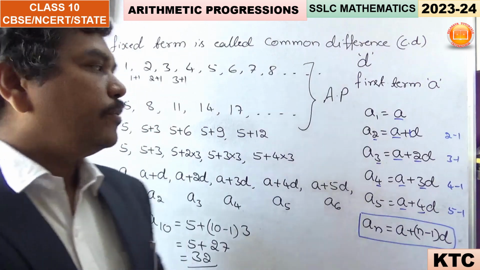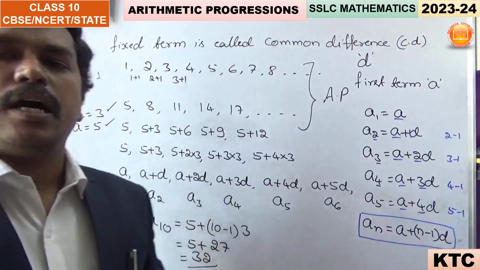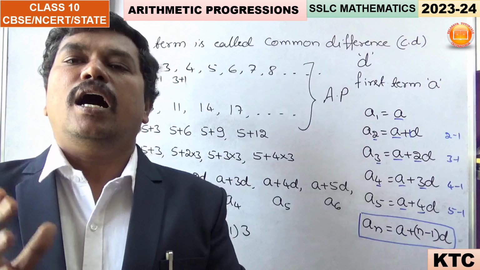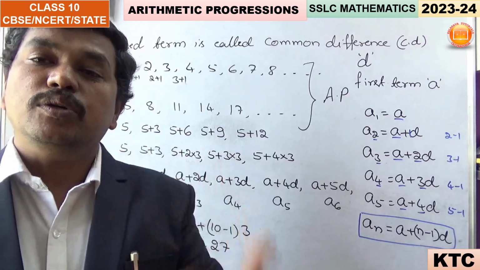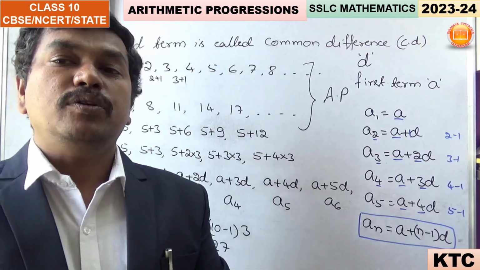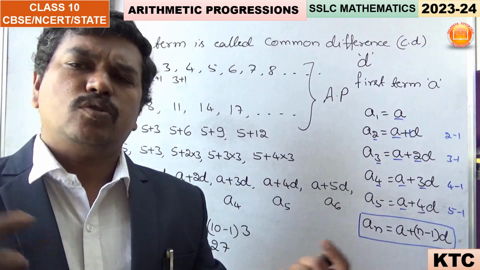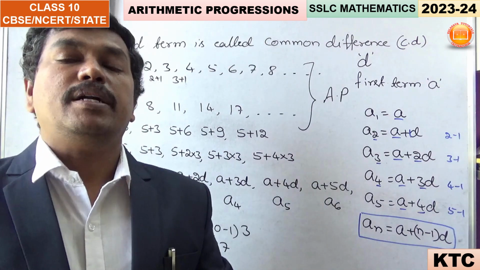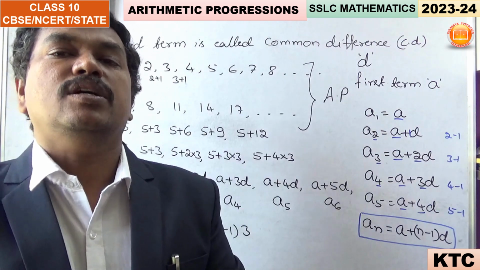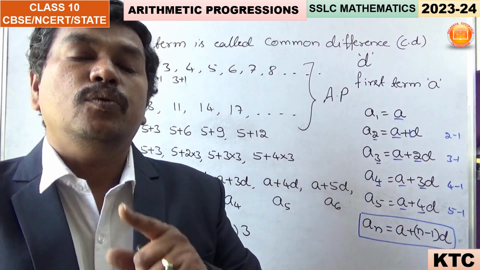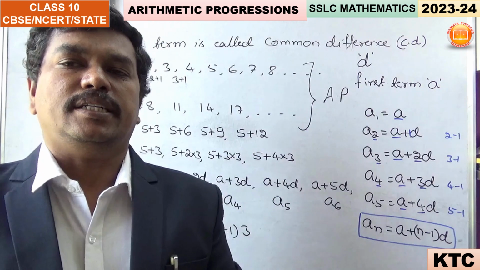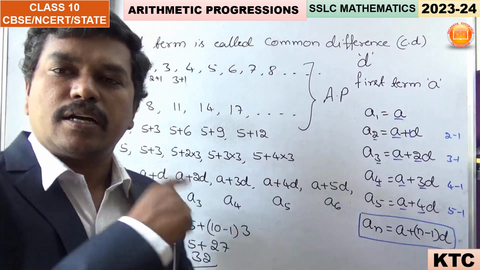So in this way, we have to know what is the arithmetic progression, and when we have to name a series of numbers as an arithmetic progression. There are so many series of numbers, but in that series of numbers, we have to understand which is the arithmetic progression. So I have to give the definition lastly.